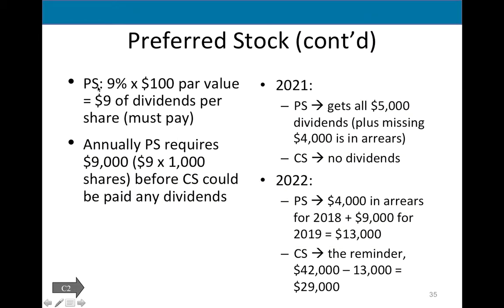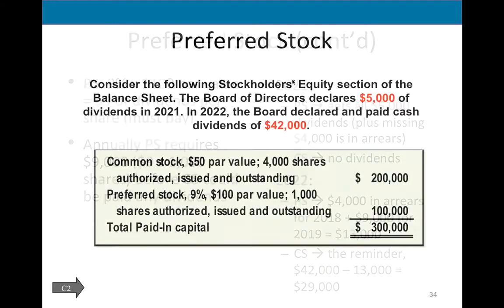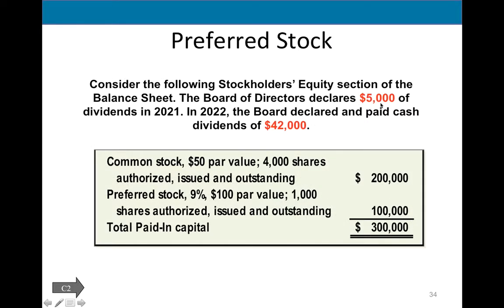So like I said, every share of preferred stock must be paid $9 of dividends per share. So annually, since I have 1,000 preferred shares outstanding, I have to fulfill $9,000 of obligations and dividends to them before common stock could be paid any dividends. So in 2021, the company only declared $5,000.